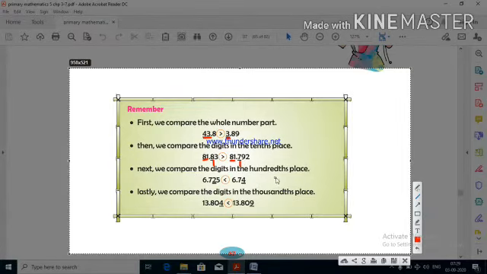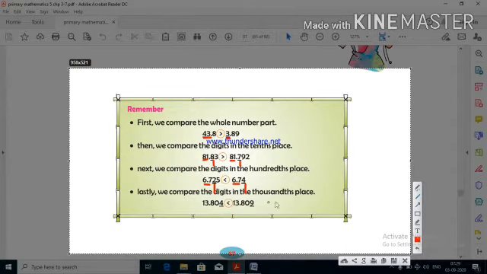Next we compare the digit in the hundredths place. Let us see, 6.725 and 6.74. Up to 6.7 is the same. Then we compare the next digit, here is 2 and here is 4. So 4 is greater, that's why 6.74 is greater than 6.725.